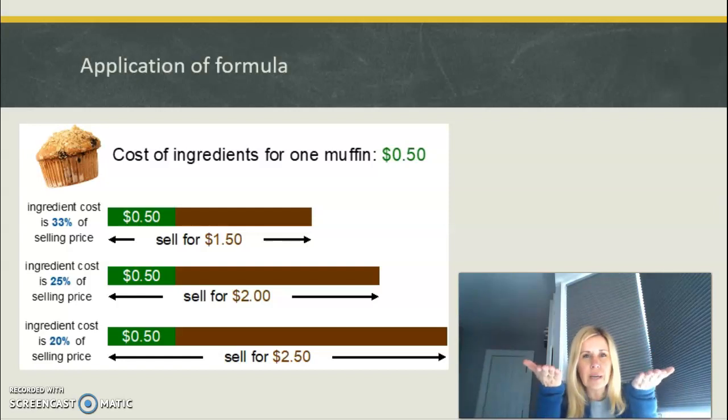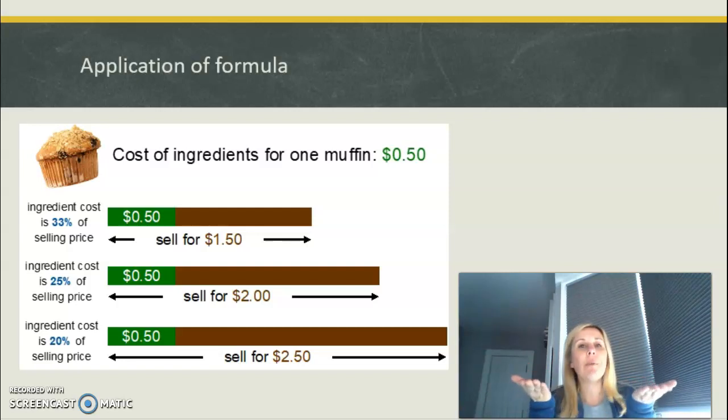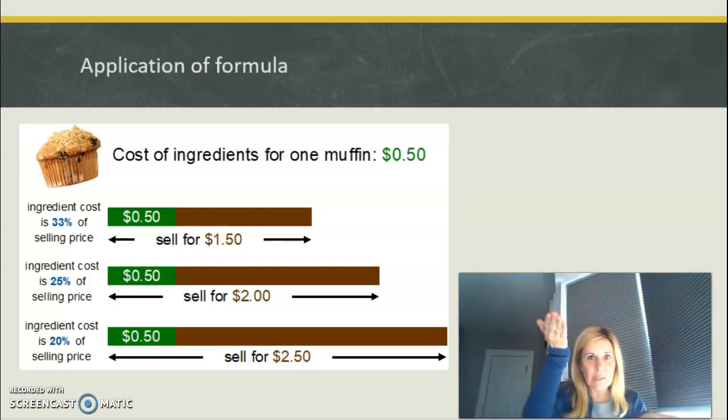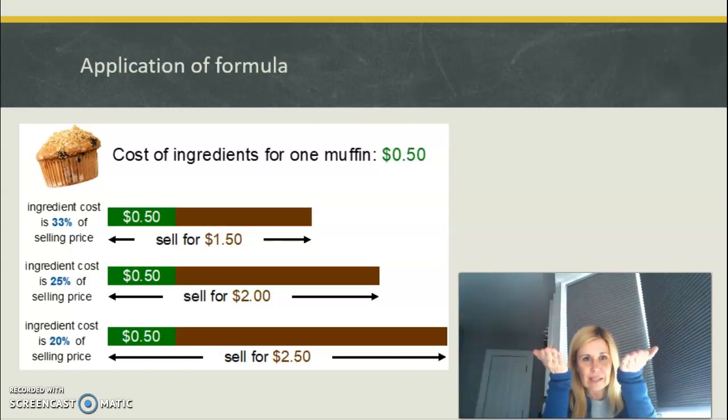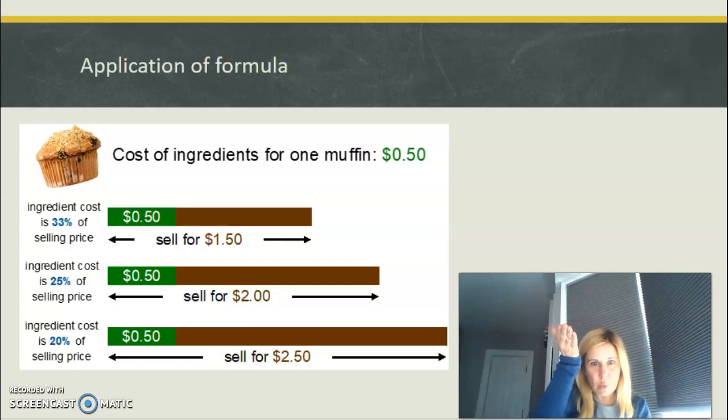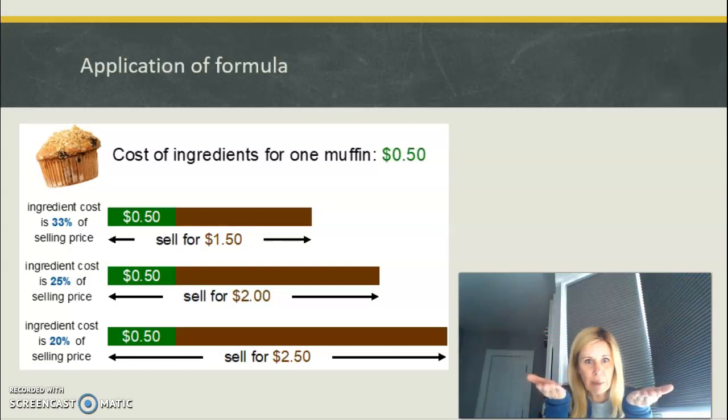So I want you to think about selling price and food cost percent like a seesaw, like that playground piece of equipment that you might have liked when you were little, okay? As selling price goes up, as one side of the seesaw goes up, if this side is selling price and this side is food cost, as selling price goes up, food cost will go down. And look what happened in example 2. Now we take that muffin and we raise the price to $2. We're going to sell it for $2.